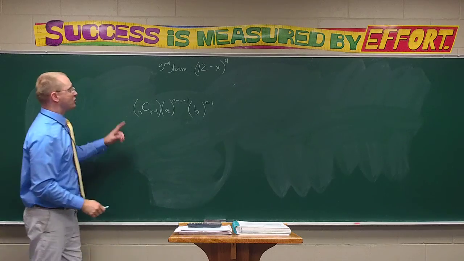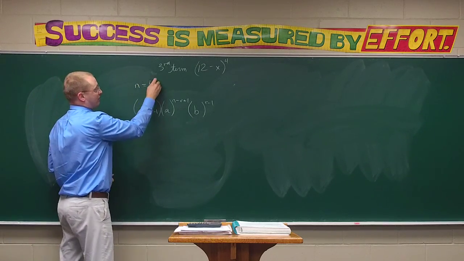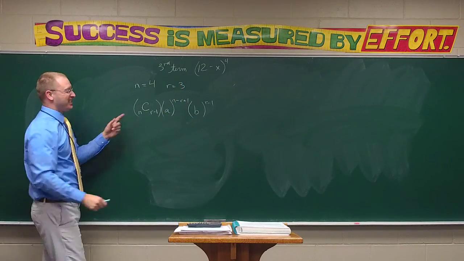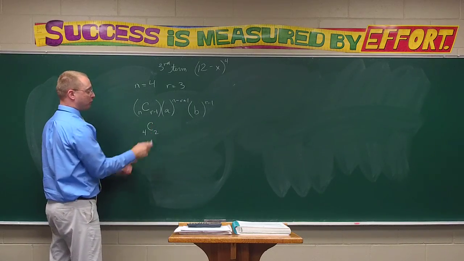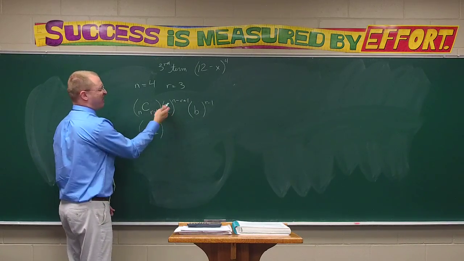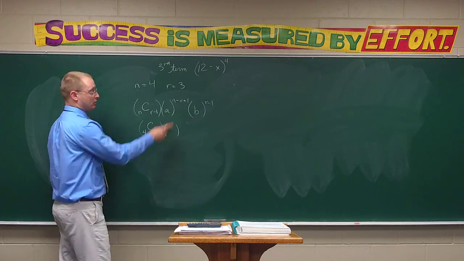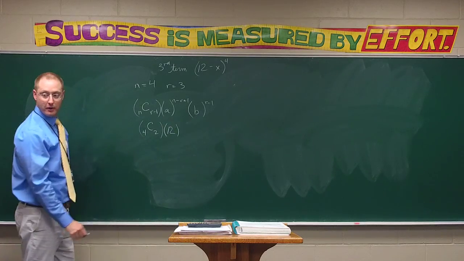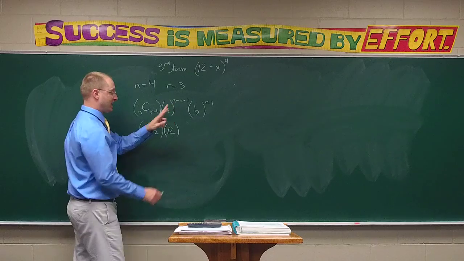All right. And so in this particular instance, N is 4 and R is 3, so 4C2. And instead of an A, it's a 12, the first term being raised to the second power.